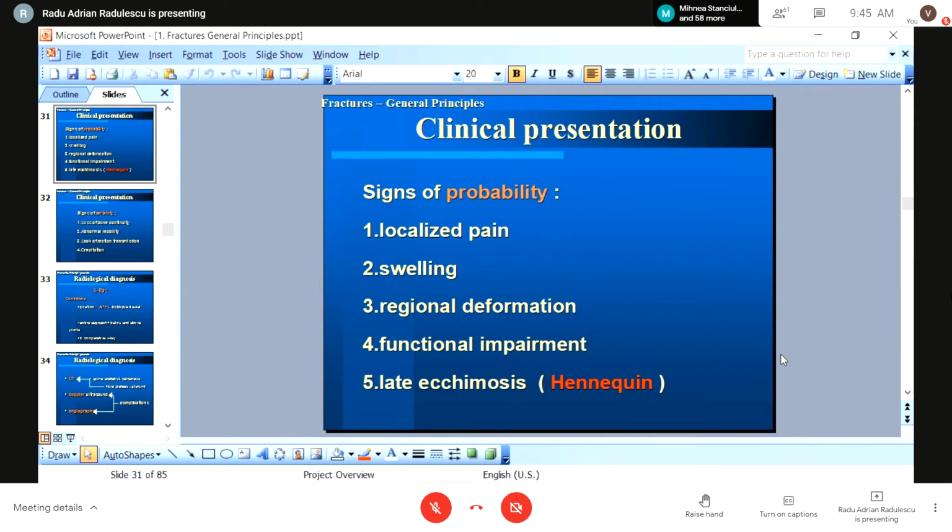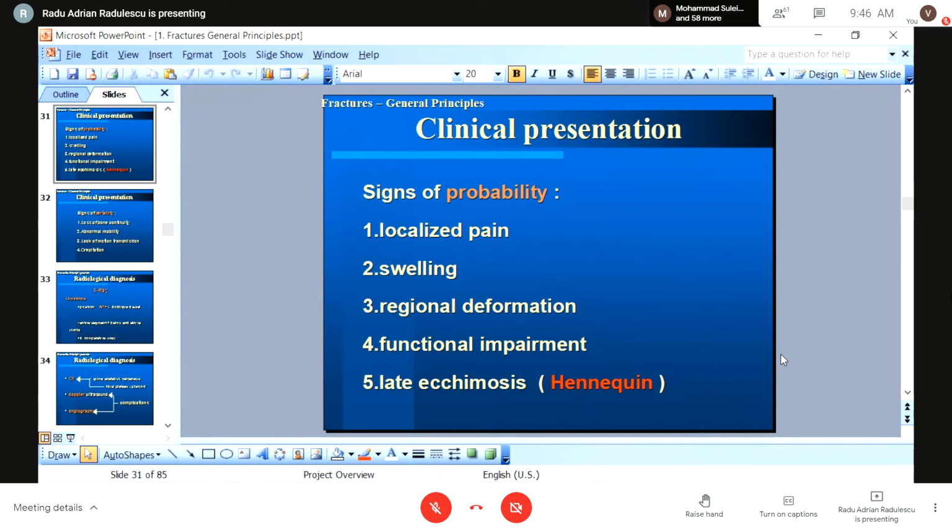Also, the patient will have a functional disability. So the patient, he or she, will not be able to use that limb the same way as on the contralateral side.